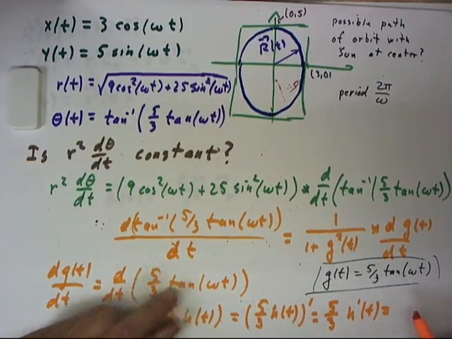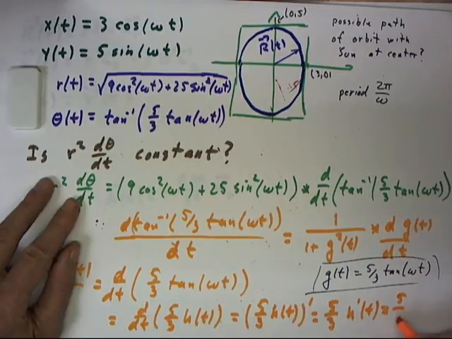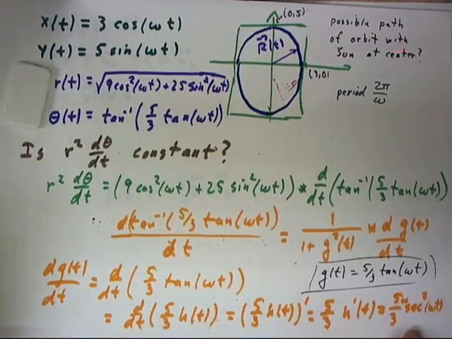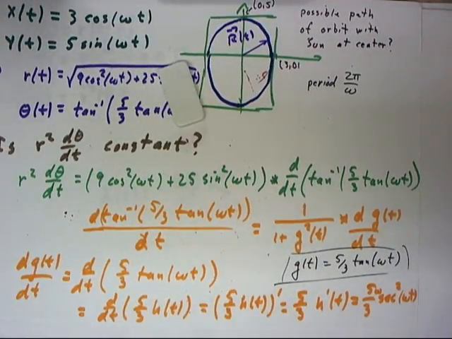And the derivative of the tangent is the secant squared, so this is going to be 5/3 times the secant squared of omega t, and it is going to be 5 omega over 3 times the secant squared of omega t.